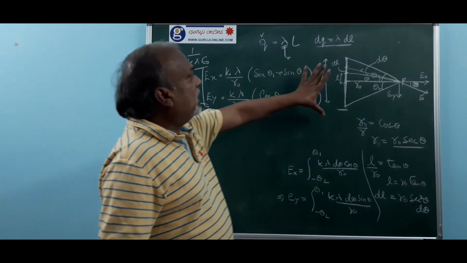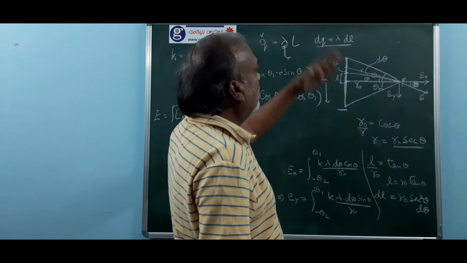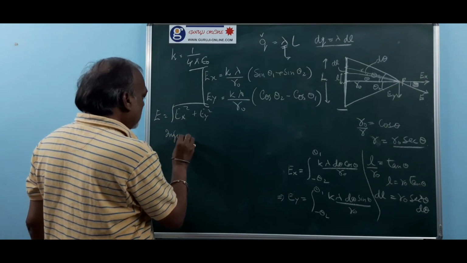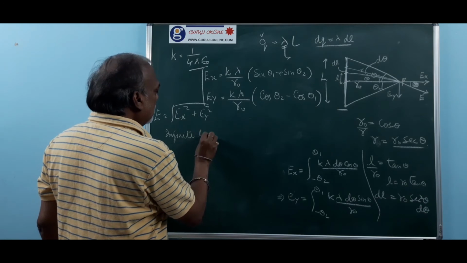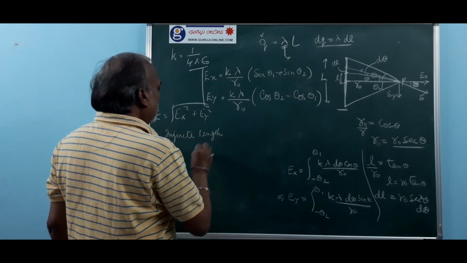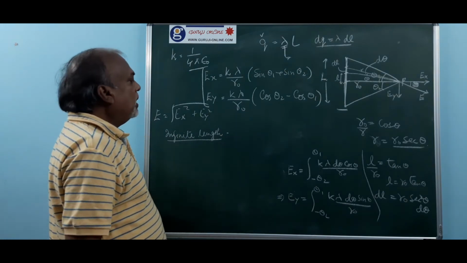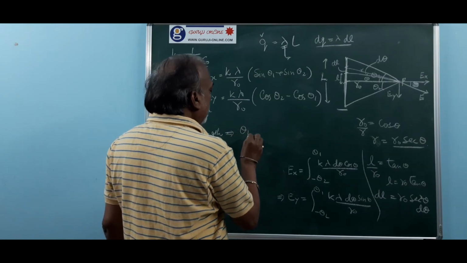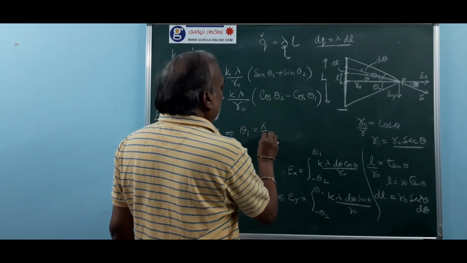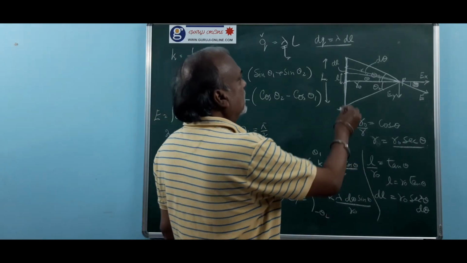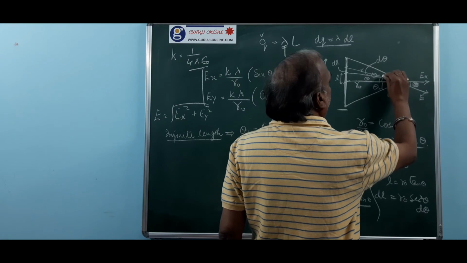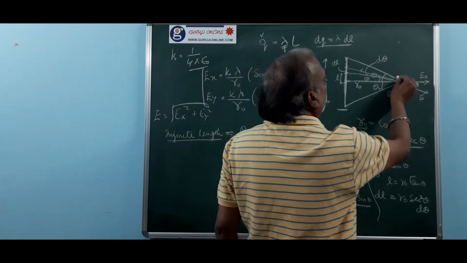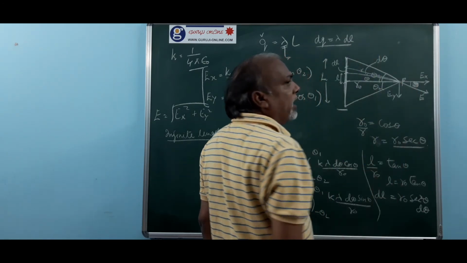Now suppose this is not finite, this is infinite. In case of infinite length, what will be your theta 1? Theta 1 will be nothing but pi by 2, because the more it will go up, this angle will increase, and ultimately when it goes to infinite length, this will have the right angle.